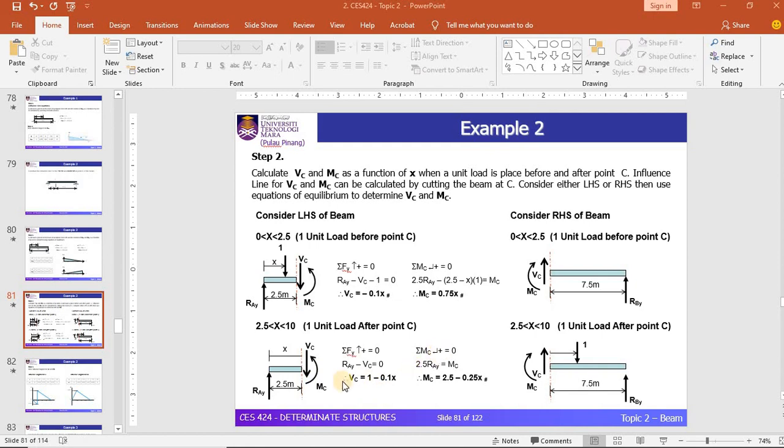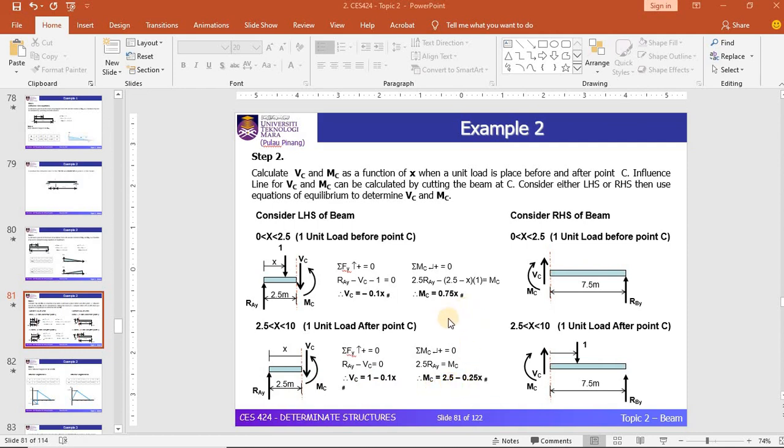Okay, for the moment, by taking a moment about point C, we have RAY multiplied with 2.5 clockwise. So this gives a positive value, and we have internal moment of MC here. And no one unit load is involved in this diagram. So the equation of moments here is equal to 2.5 minus 0.25x.